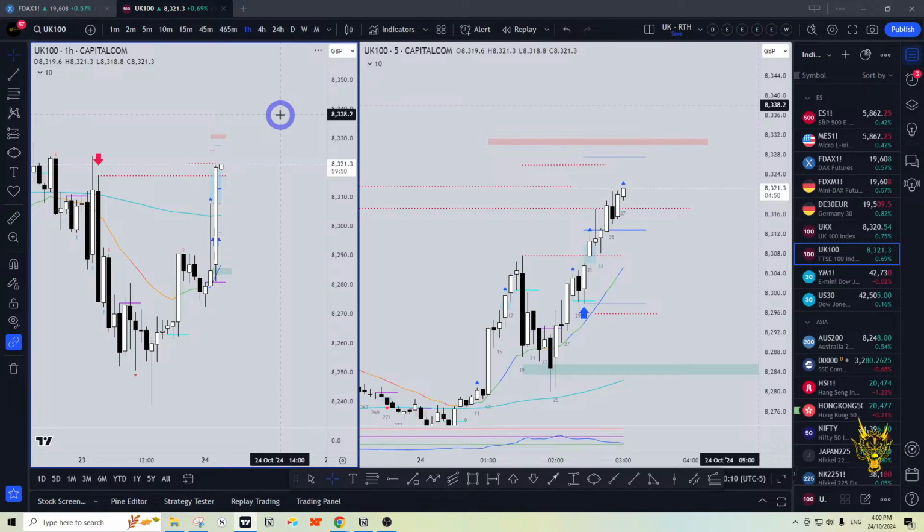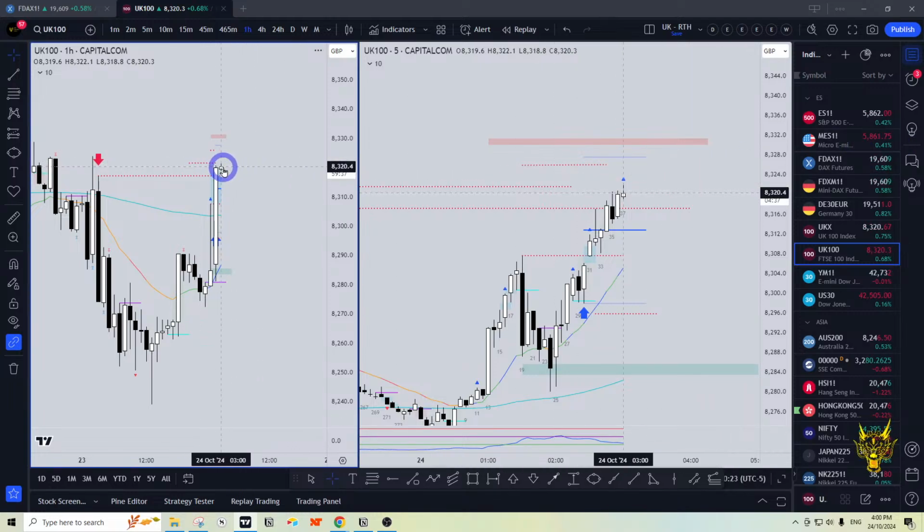Nice, another bull bar. So I took some off at the 60-minute close.